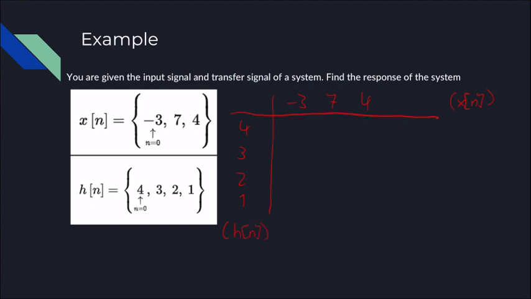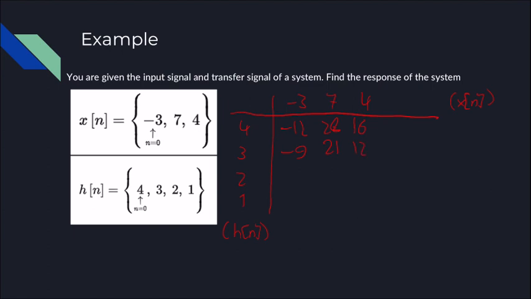And then we're going to multiply the rows and the columns. So we have negative 3 times 4, which gives us negative 12. 7 times 4 gives us 28. 4 times 4 gives us 16, and so on until we fill out the table. So for the next row we have these results: negative 9, 7 times 3 is 21, 4 times 3 is 12.